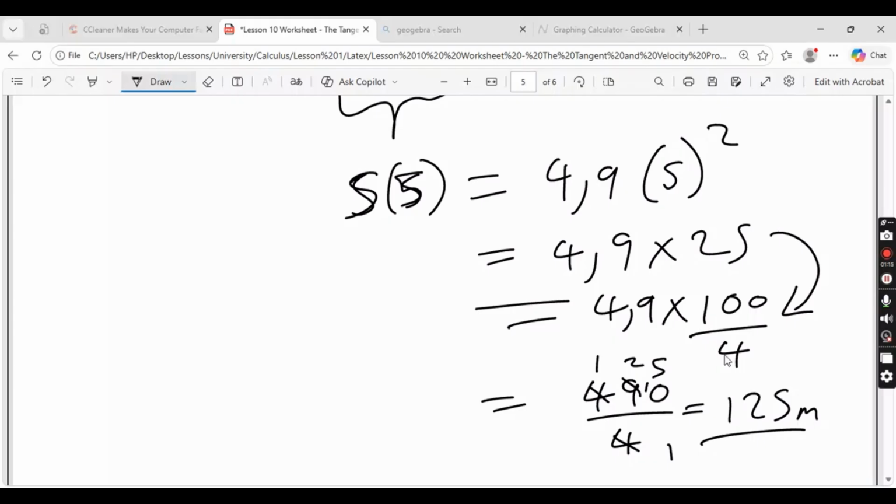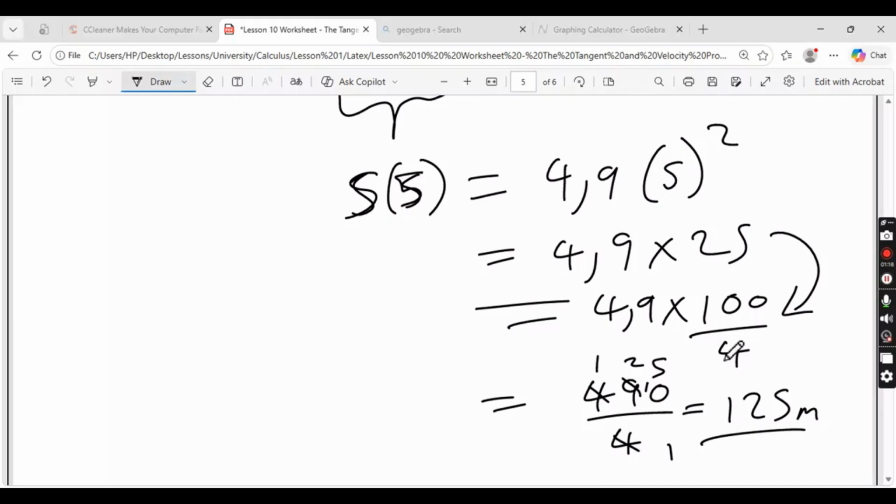Then I got 490. Then divided by 4. It's funny because you're going backwards, because you're simplifying. You're actually taking 25 and saying it's 100 over 4, which helps sometimes. So we got 125. Is it 125?